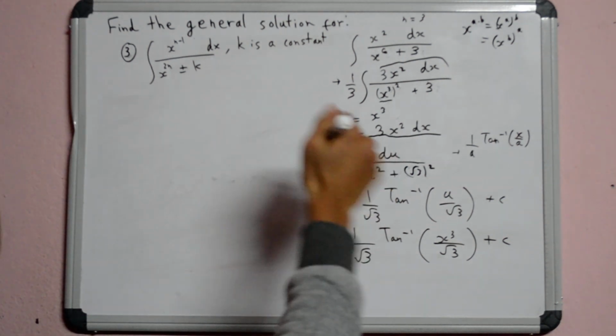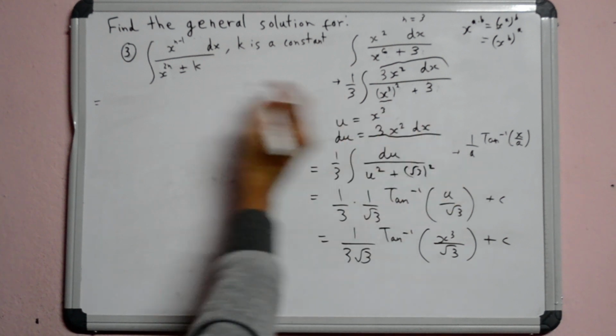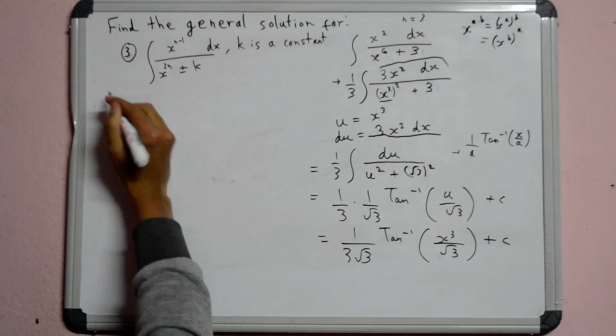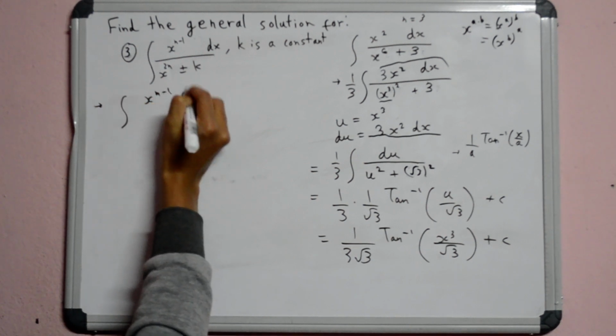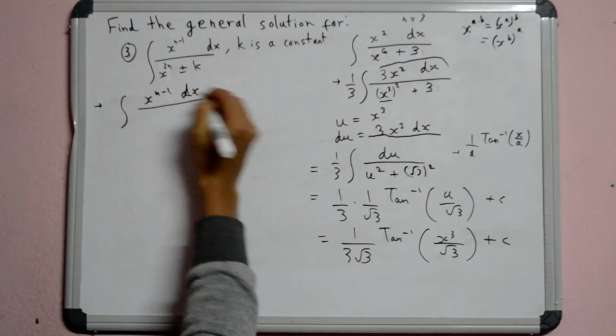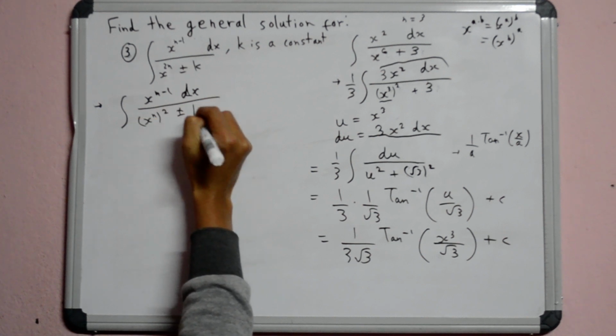Now, from this example, let's solve for the general solution. So first, let's rewrite it as x to the power n minus 1 dx. Leave the numerator part alone, just the denominator. And this will be x to the power n square plus minus k.